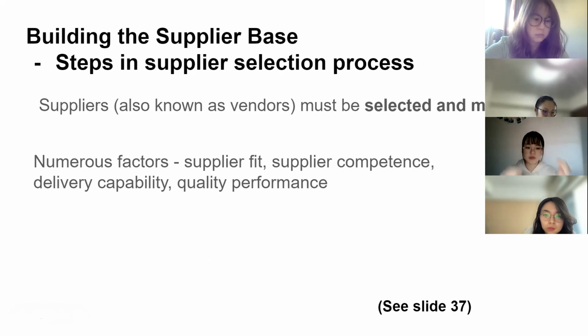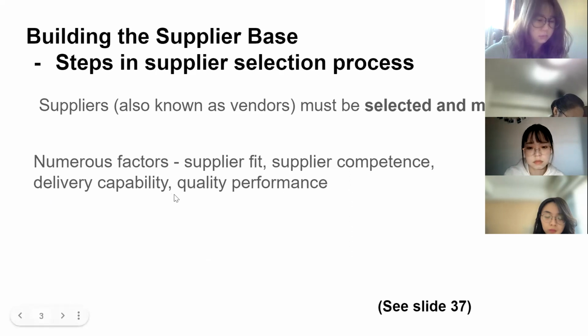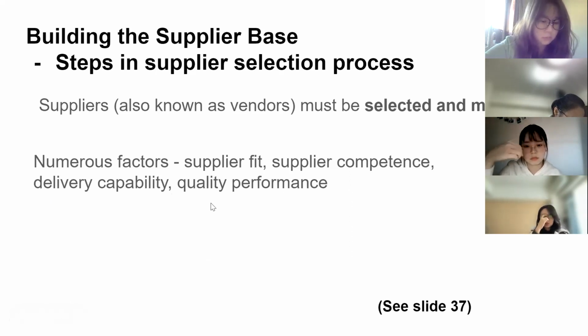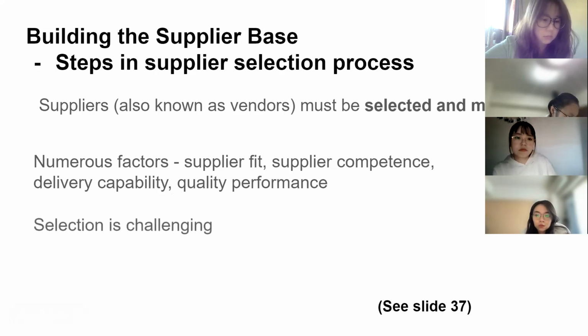So if you cannot follow the Toyota way of doing things, you cannot become a Toyota supplier, because they will drive costs down. Okay, so you have to have supplier competence, delivery capability, and also, of course, quality is a must today.